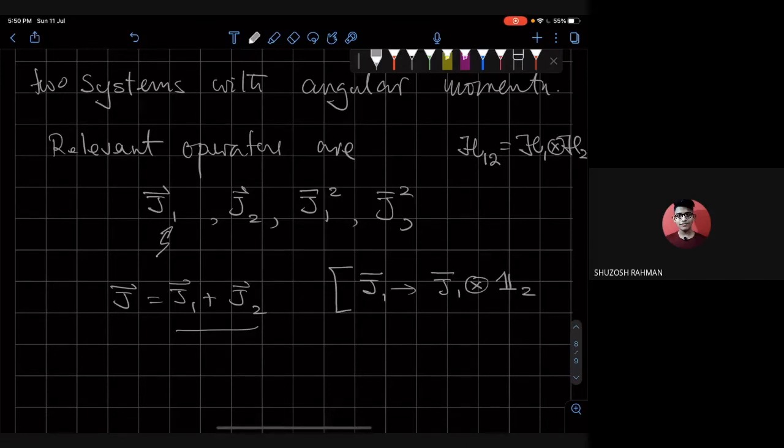And then, similarly, when we write J2, there's an identity operator acting on the first Hilbert space tensored with the angular momentum operator acting on the second Hilbert space. So this guy will only act on vectors of the first Hilbert space. This guy will only act on vectors of the second Hilbert space. Okay?